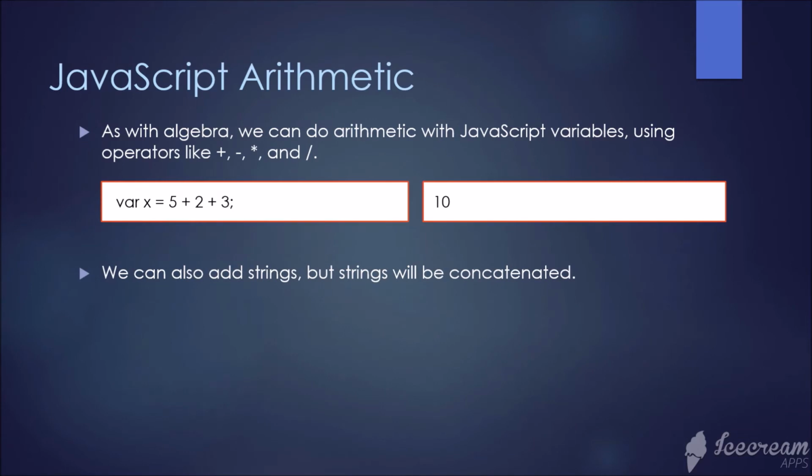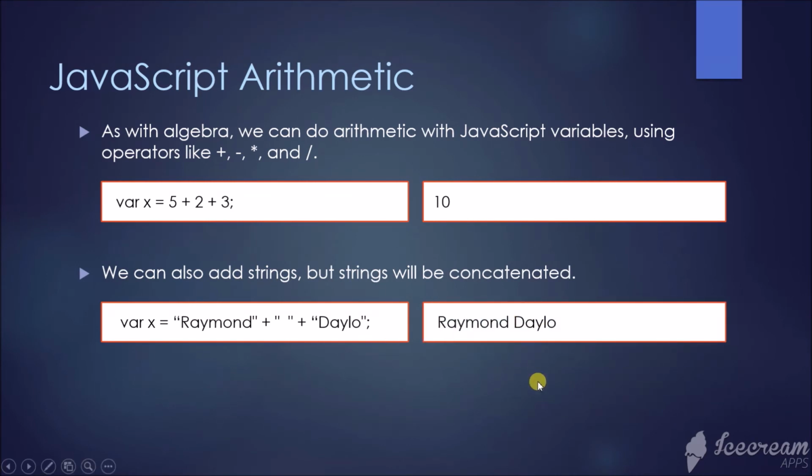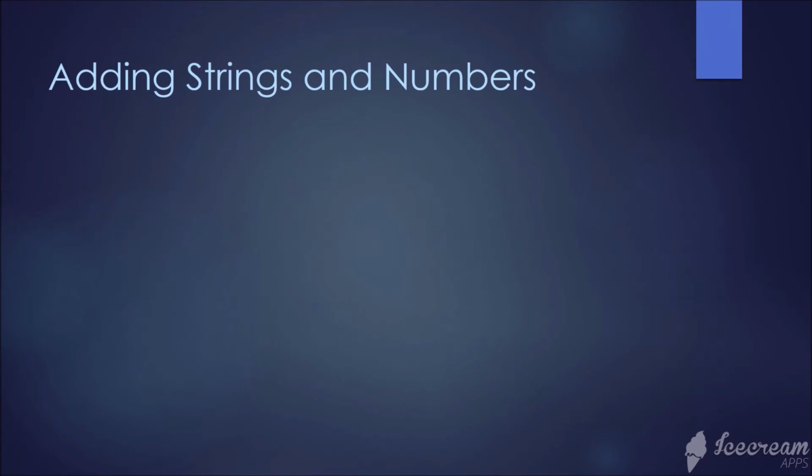Okay, so we can also add strings, but strings will be concatenated. For example, this one, we declare x equals to string of Raymond, and we plus it with an empty string here, plus with Dilo. So the result will be Raymond Dilo. Okay?